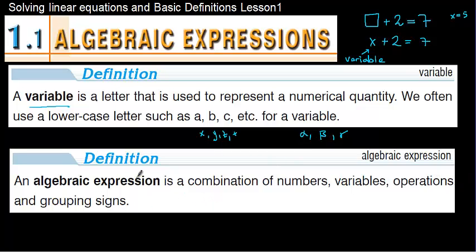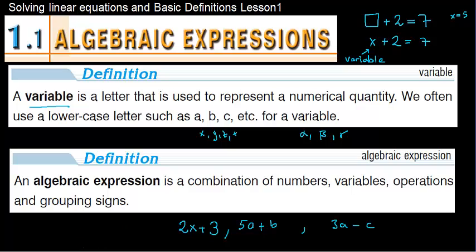So when I say algebraic expression, like 2x plus 3, here is a combination of multiplication and addition around the variable, so this is called an algebraic expression. 5a plus b, 3a minus c, these are all algebraic expressions.